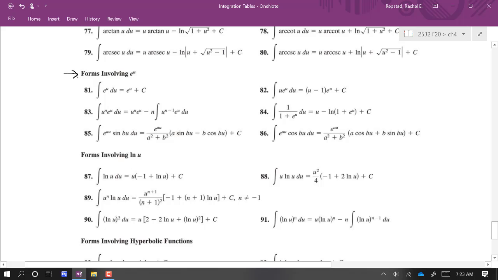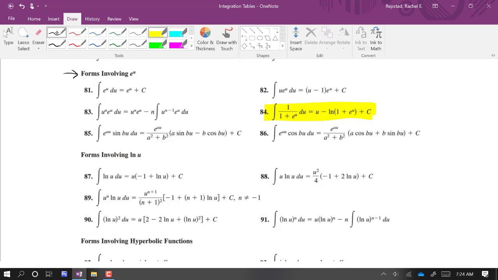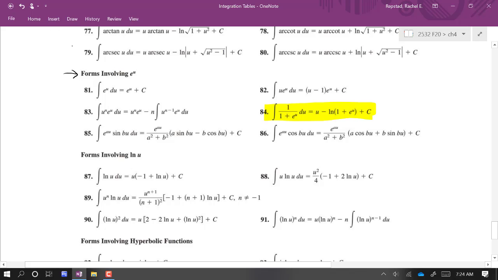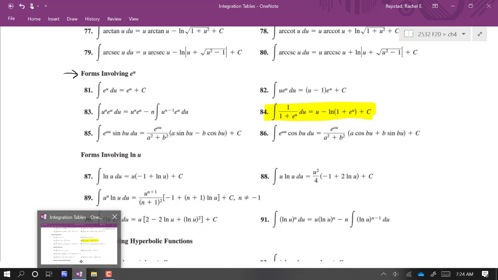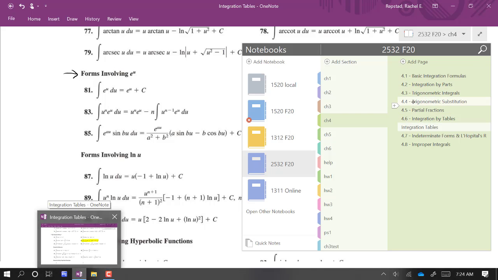And it looks like a constant plus e to the u in the bottom, and then maybe a du up top. So I think this 84 is the one we want to pick here. So that's 1 over 1 plus e to the u du. I think that's what we have.